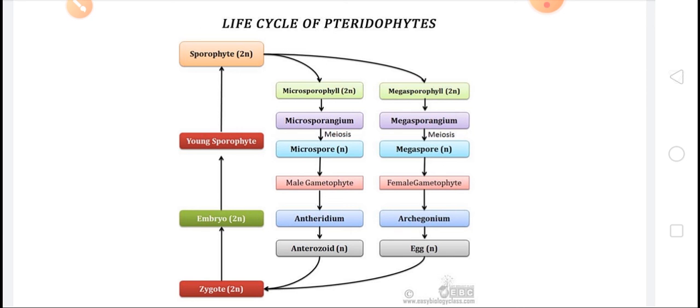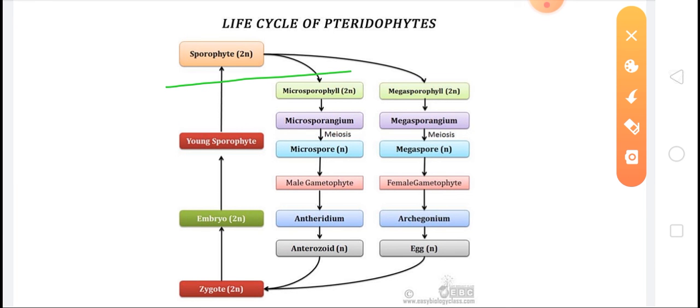In the micro and megasporangium, meiosis, a kind of cell division, takes place, and due to this division the spores are formed. The microspores are formed from the microsporangium and the megaspores from the megasporangium.